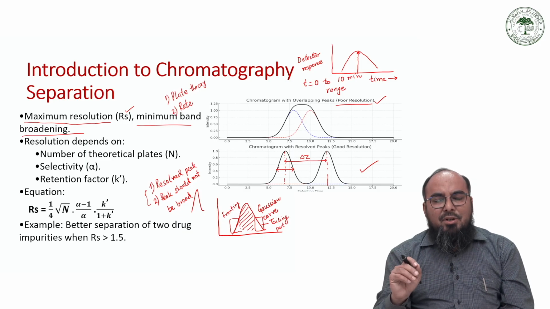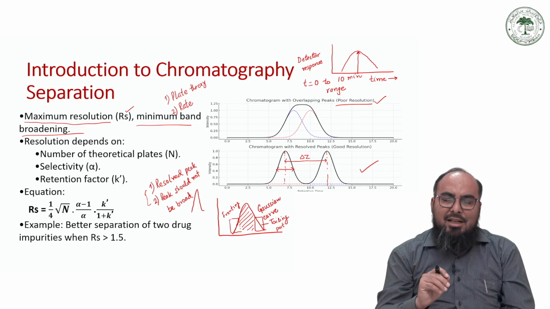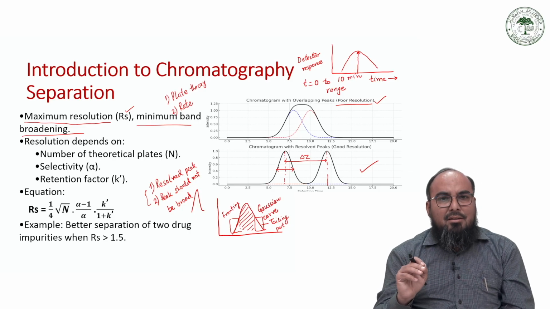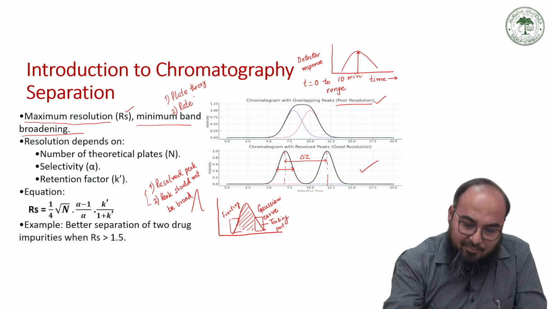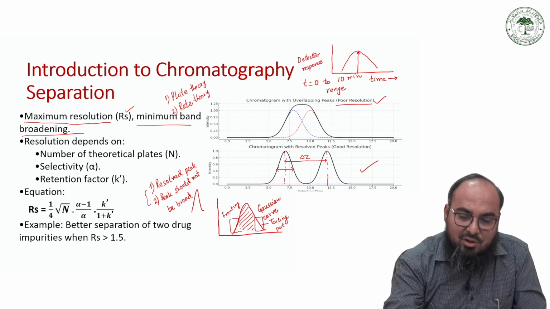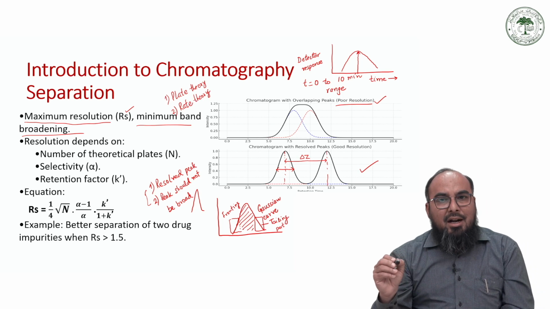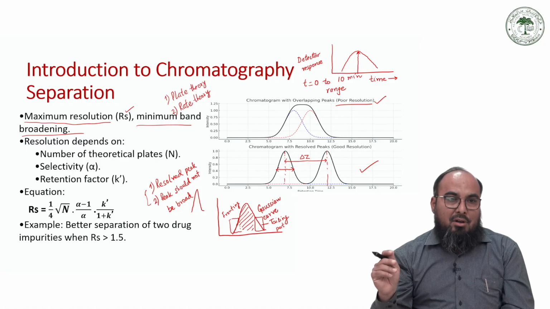This theory is purely a theoretical concept. It has nothing to do with the experimental approach. The beauty of this theory is that although it is theoretical, the terms it defined were later used in rate theory, which is an experimental concept explaining band broadening.